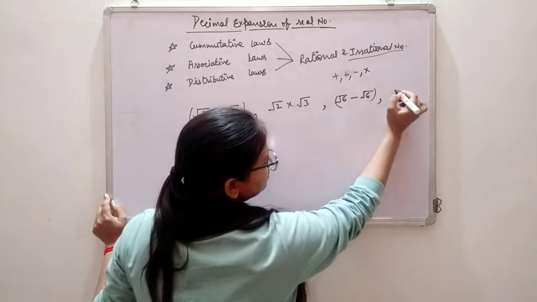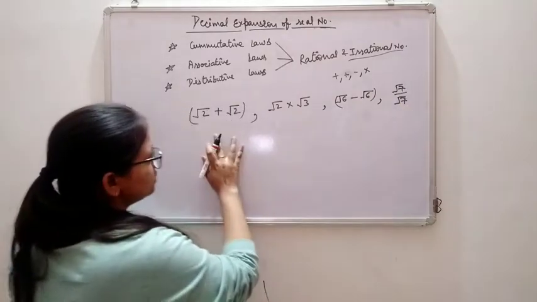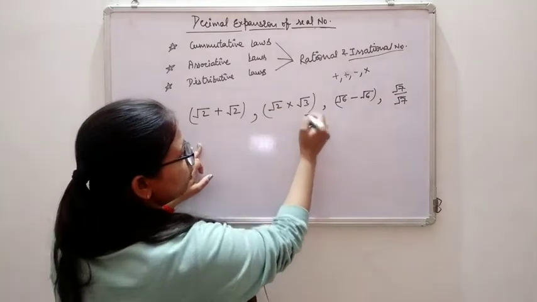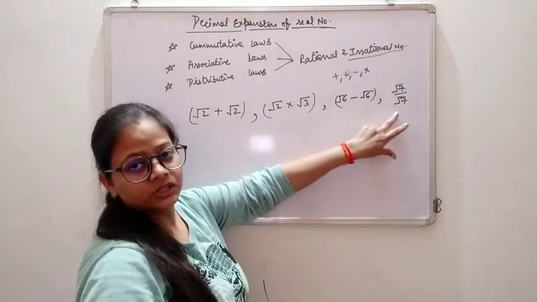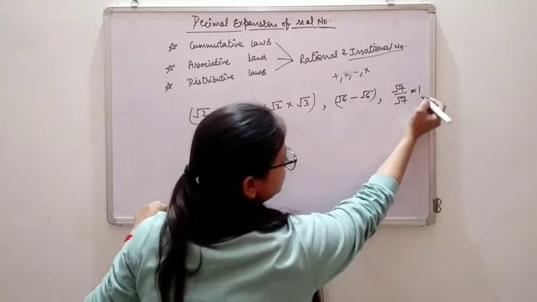And an example like root 7 upon root 7. So all these values will not give you an irrational number. Root 7 upon root 7 will give you 1. This is not an irrational number, right?